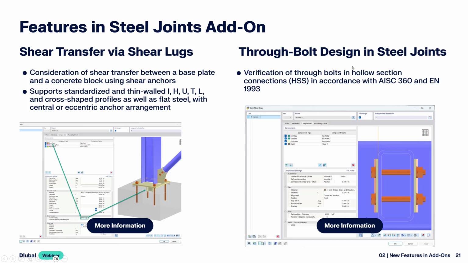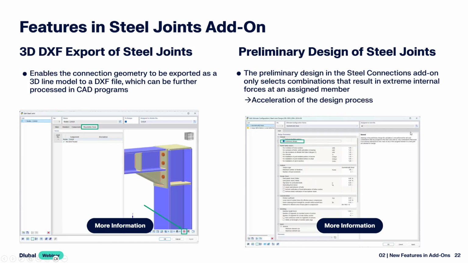Then through bolt design in steel joints according to American and also Eurocode 3 standard. And you can also export the 3D lines of the steel joints. It's a similar workflow as I showed in the program for the hull.